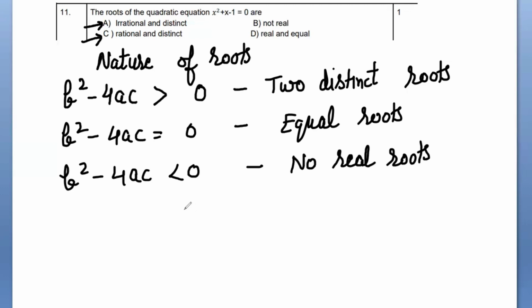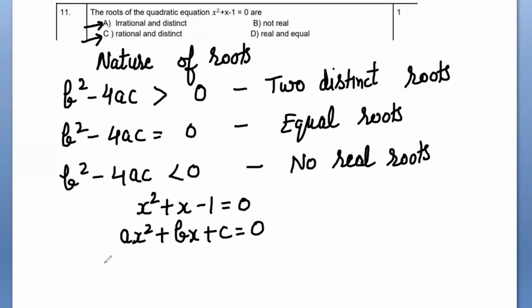I'll explain this step by step. First, we compare this equation with the general quadratic equation ax square plus bx plus c is equal to 0, so that we can find the values of a, b, and c.